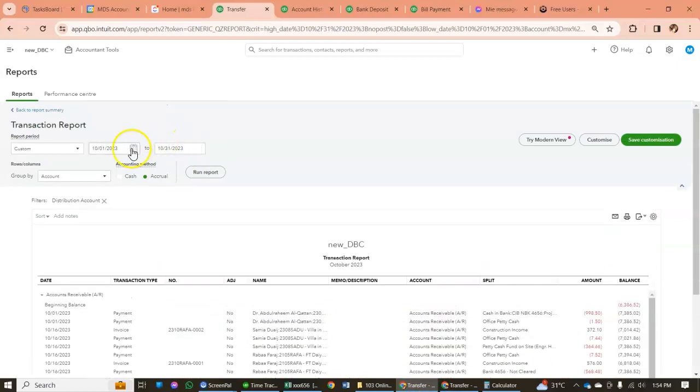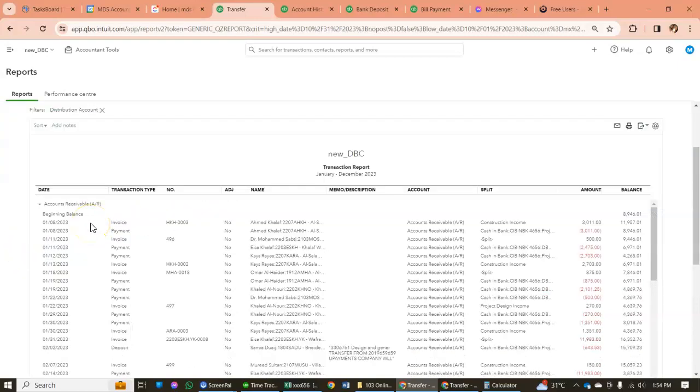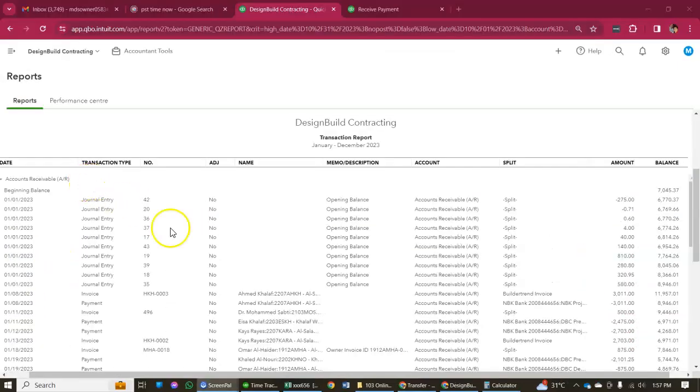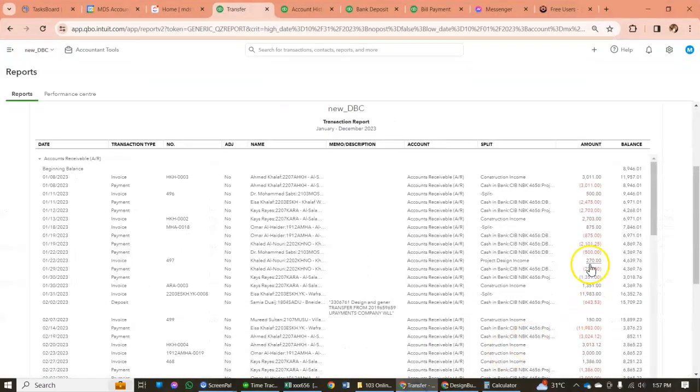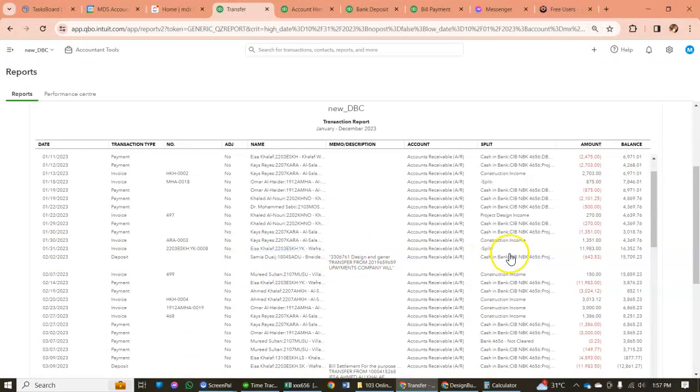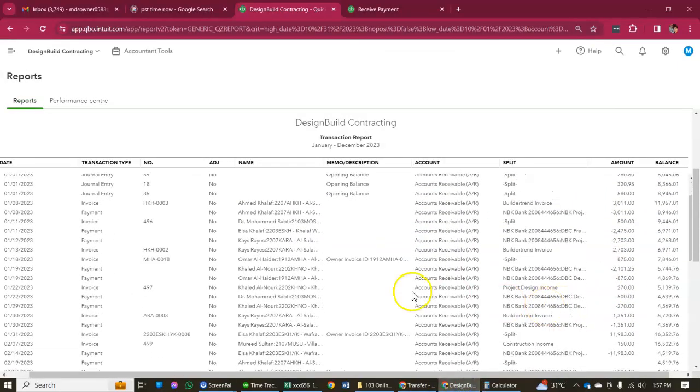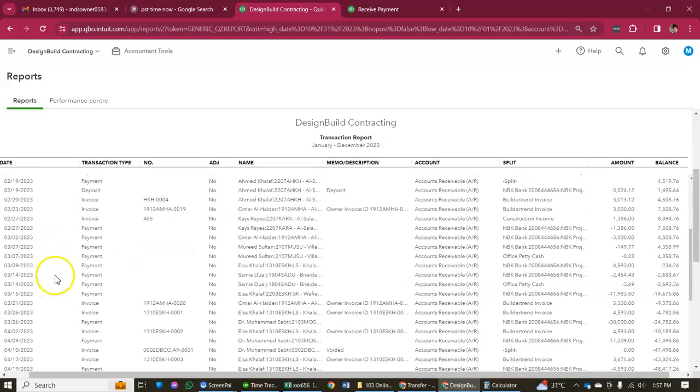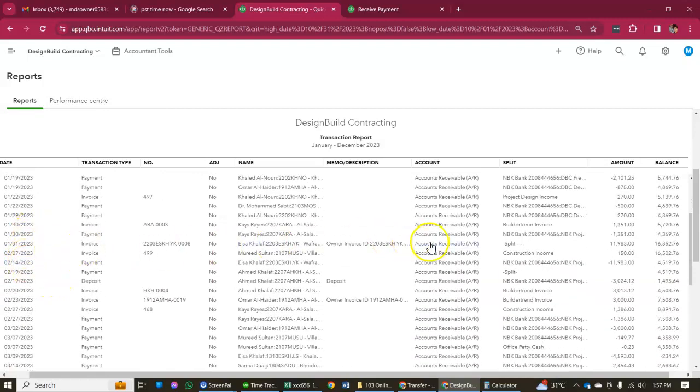Okay, so in here, this year, the beginning balance for the January month is 8946. This coincides at the end of 31 January. There is a 16352. So let's take a look. 16352, which is okay.